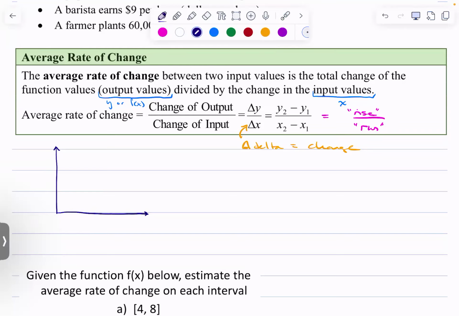I have a point x1, y1, and I have a generic other point x2, y2. We think about a straight line here. We can draw a straight line.